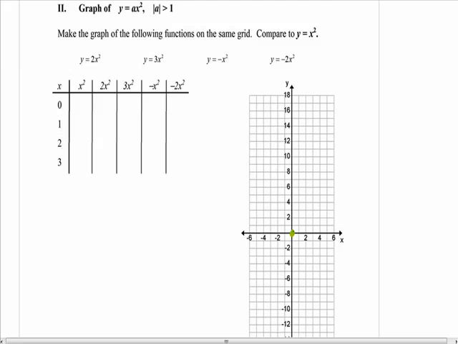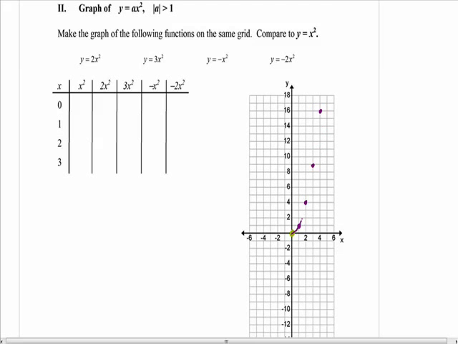I'm going to go from the vertex, over 1, up 1, over 1, up 1, 2, 3, over 1, up 1, 2, 3, 4, 5, over 1, up 1, 2, 3, 4, 5, 6, 7, and that's all the dots that will fit on the line.